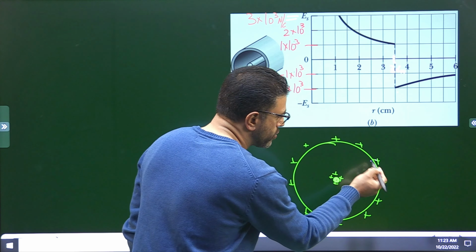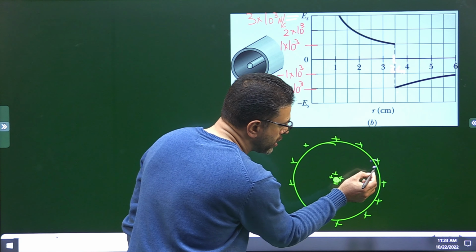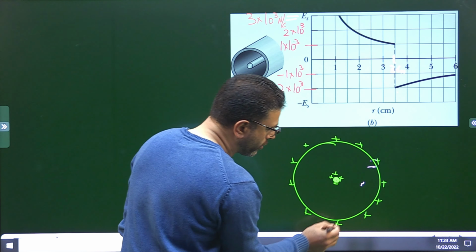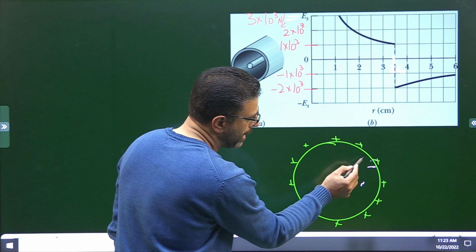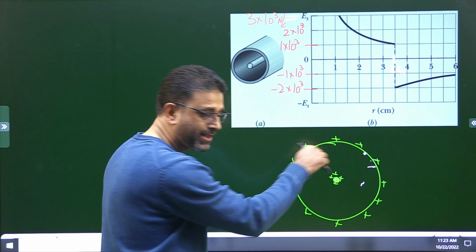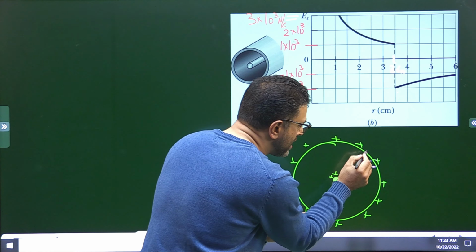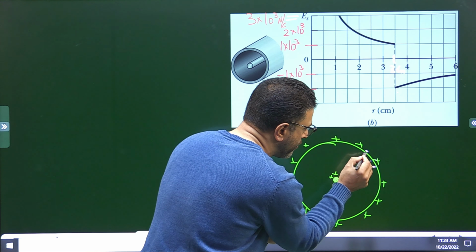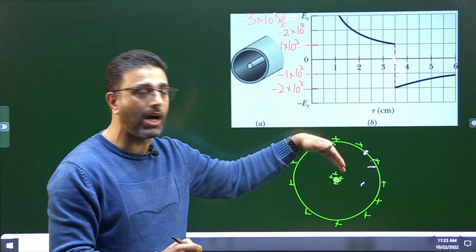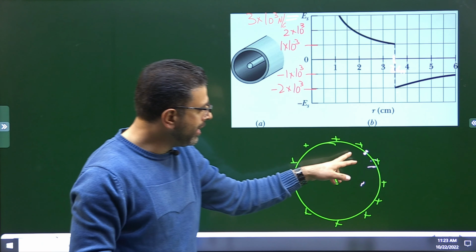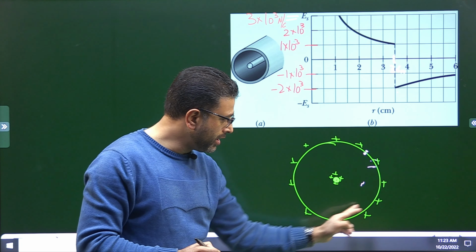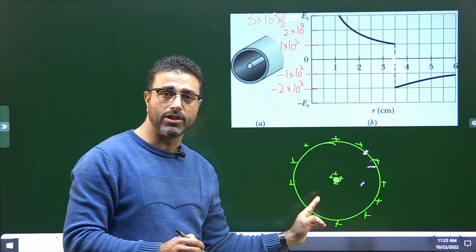So that transition is only when you are going from this point here, which is infinitely close to the surface but on its inner side, to a point just outside the surface, again infinitely close to the surface but on the outside. Field here due to this cylindrical shell is 0.